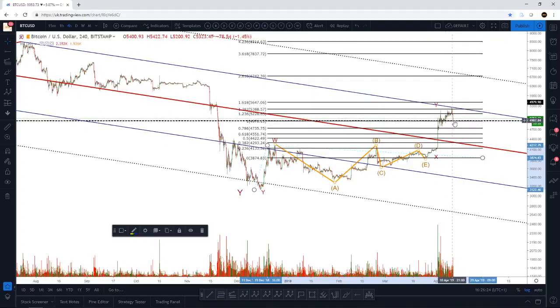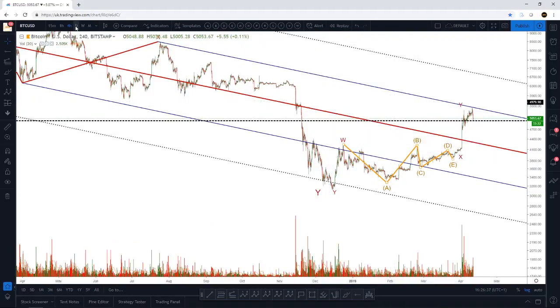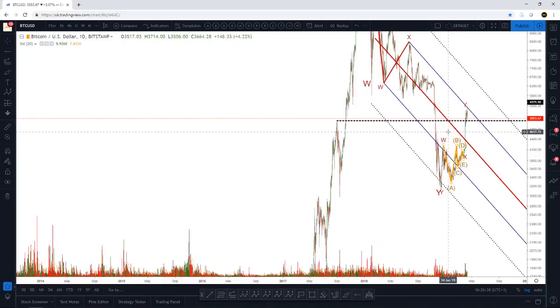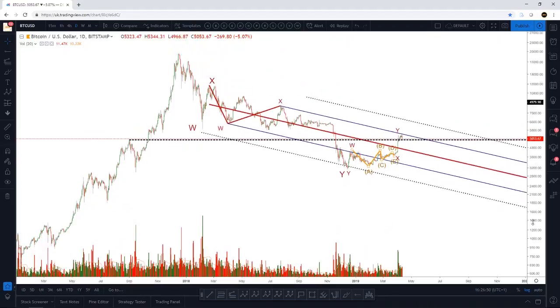Where has it come down to? Well, so far it's testing the 4979, which is this dotted black line, which you'll know from my previous videos was an order block level. Just quickly zoom out to demonstrate that one for those of you who are new to my channel. So I had been talking about this dotted line being the top of this block of orders here. There's this consolidation that preceded.